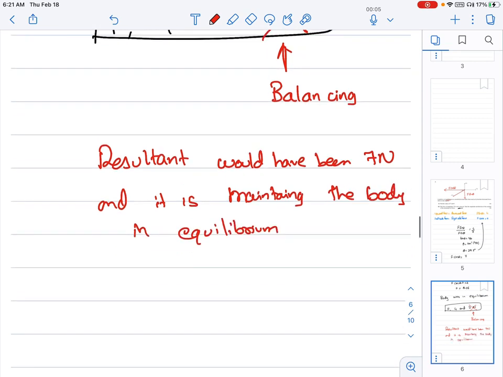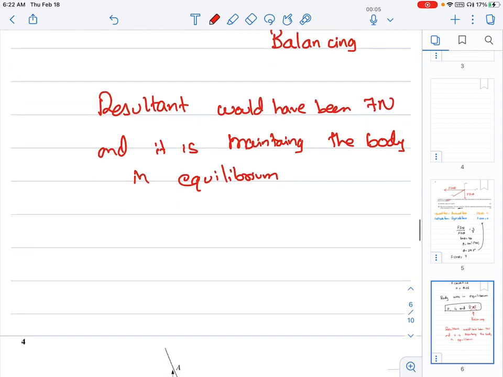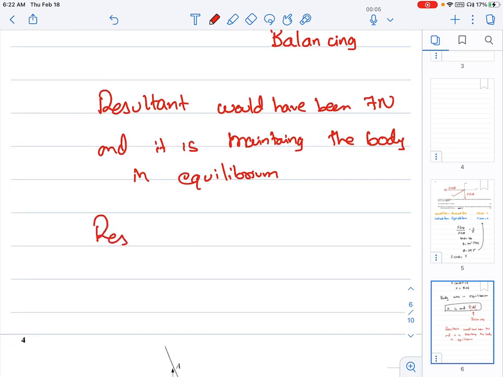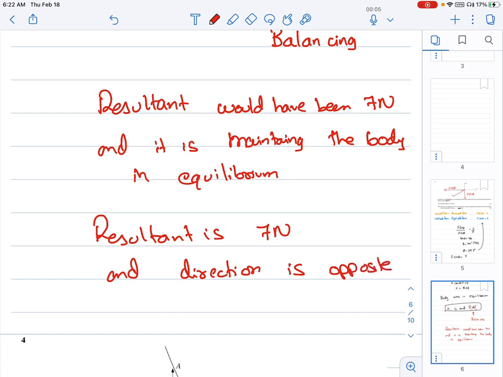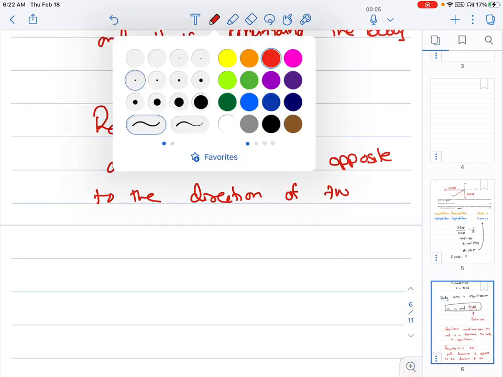So if 7 newtons is removed, obviously the body will be moving in the opposite direction of the 7 newtons. So therefore we can write that the resultant is 7 newtons and direction is opposite to the direction of 7 newtons.